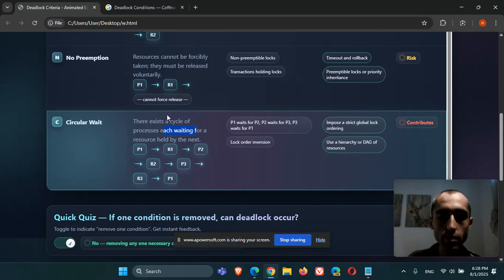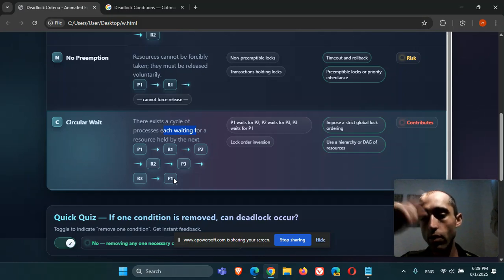Let's say P1 waits for a resource from P2, P2 waits for a resource from P3, and P3 waits for a resource from P1. There is a circle of dependencies, where each one depends on the previous one, that may get stuck because of it.